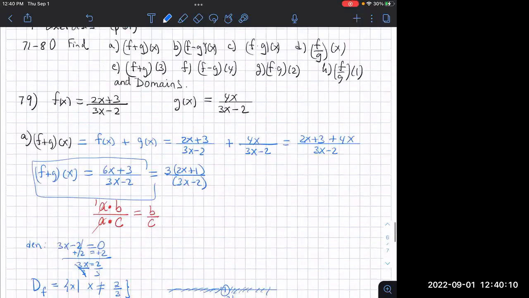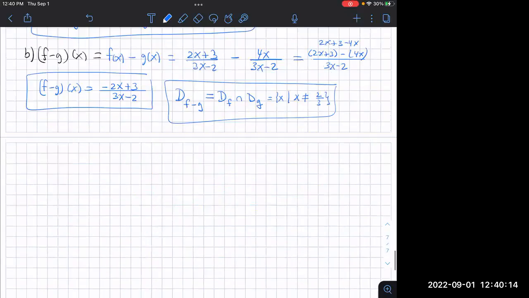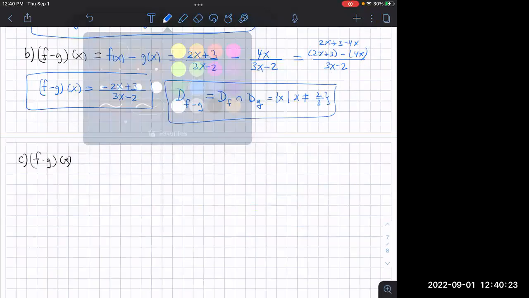Now let's do C. C is probably the product, f times g, and D is the quotient. So that is f of x times g of x.